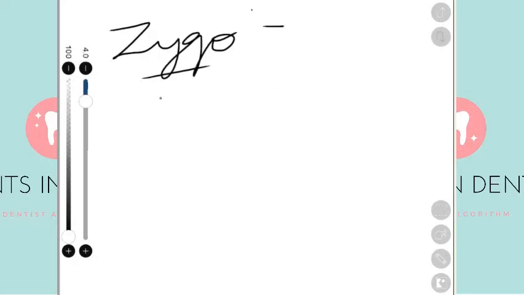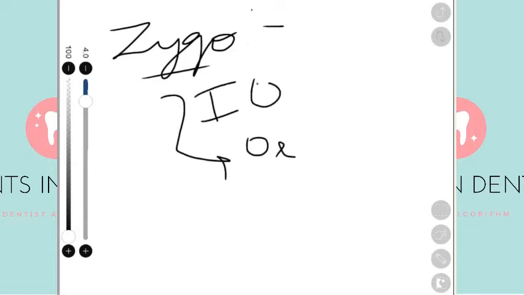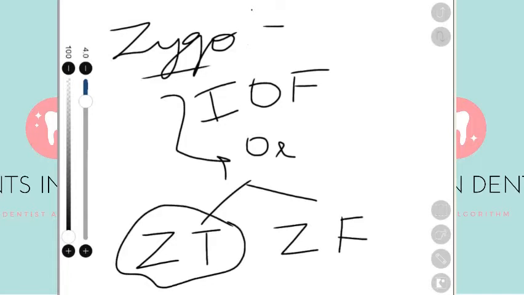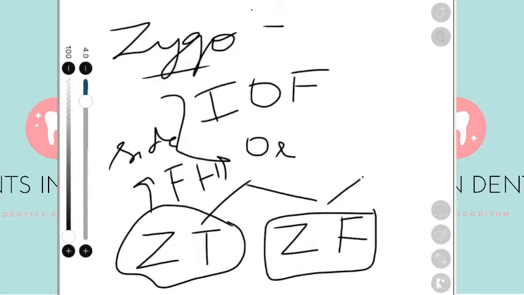This zygomatic branch will enter the orbit through the inferior orbital fissure, and in the orbit it divides into two branches, zygomatico-temporal and the zygomatico-facial. The zygomatico-temporal nerve supplies the skin on the side of your forehead, and the zygomatico-facial nerve supplies the prominence of the cheek, that is your malar area. So this is about the zygomatic nerve.